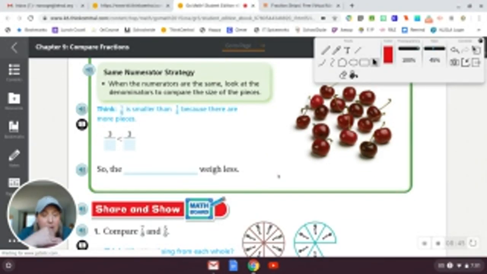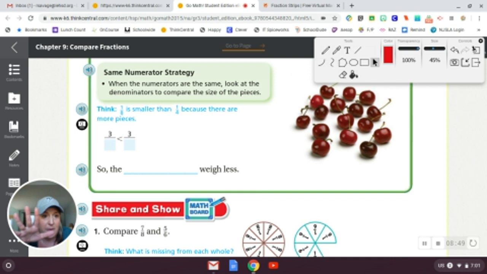You can use a denominator strategy, the one I like the best. There's that missing pieces strategy. Not my favorite. I think it's confusing when you use those circles, but you can use it if you want to. Denominator strategy: look at the size of the denominator. The bigger the denominator, the smaller the piece. The smaller the denominator, the bigger the piece.